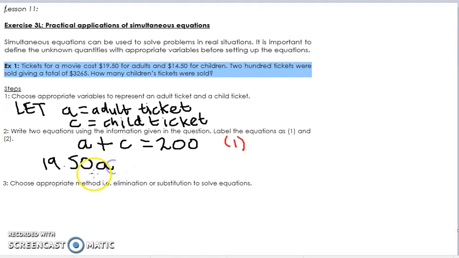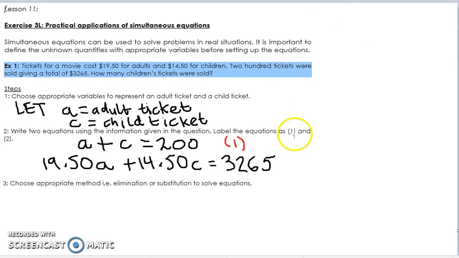So $19.50 times the amount of adult tickets plus $14.50 times the amount of children tickets is going to give us a total amount of $3,265. And this right here is our second equation.